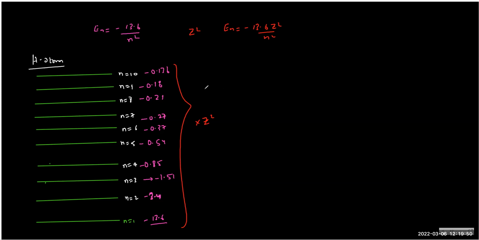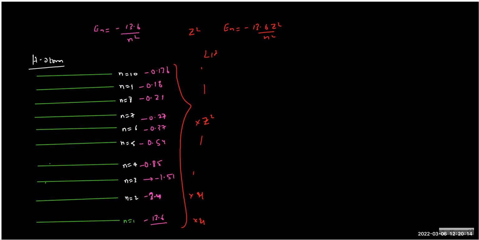You can do it for any other atom. So we just remember one formula, and for the other, let's say if I want to write lithium plus, just multiply every value with 9. So 9 into 9 into 9 and so on. For helium, 4, 4, 4 to every value. And so on for beryllium, 16, 16, 16 for every other value.